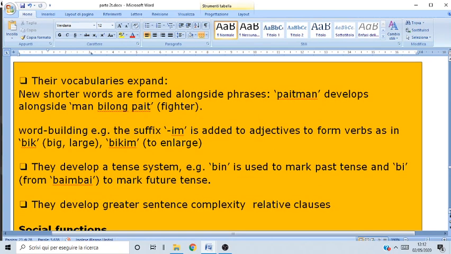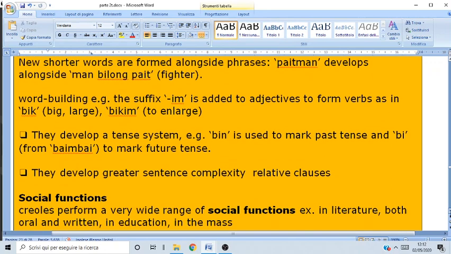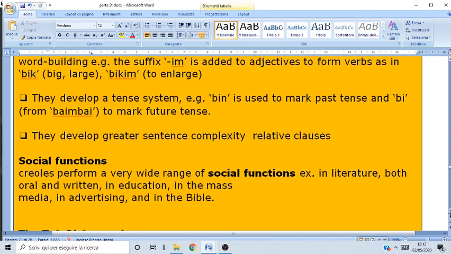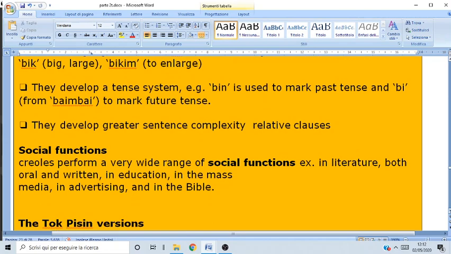What else? Okay, there's an expansion of vocabulary, of course. And a sort of tense system. Okay, so things become a little more complicated. This is because Creole has different social functions. It's not only a matter of quick interaction with somebody who speaks another language, but it also starts to be used in literature, in education, in religion.